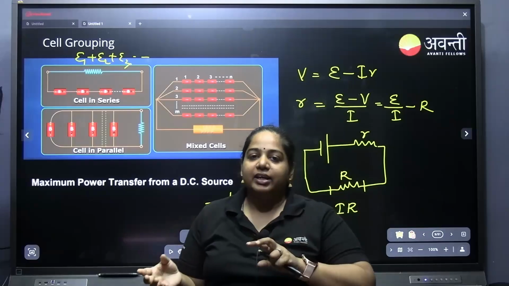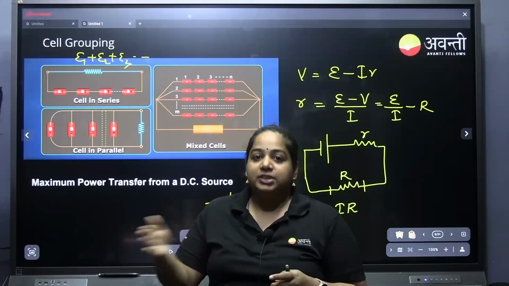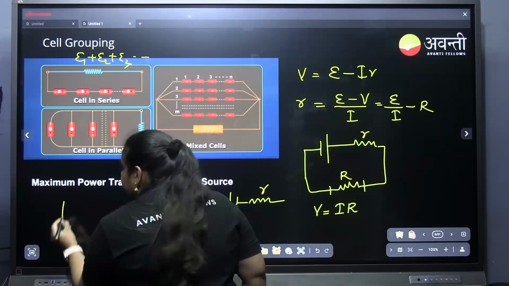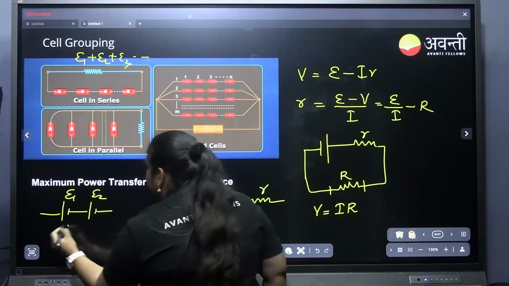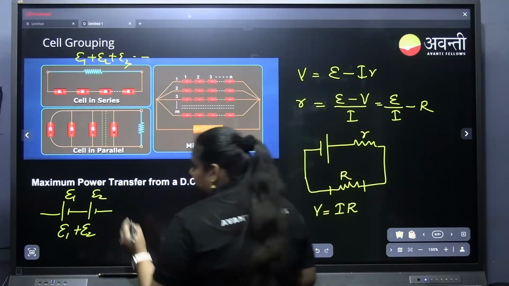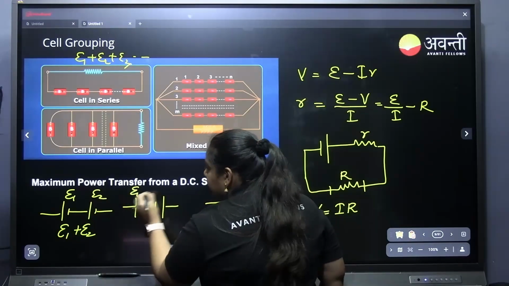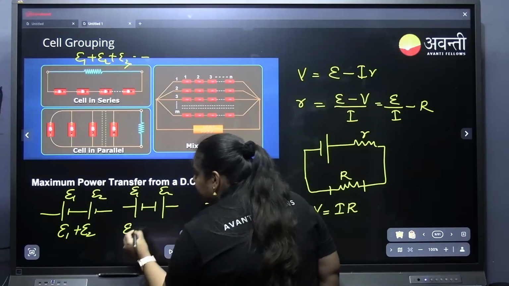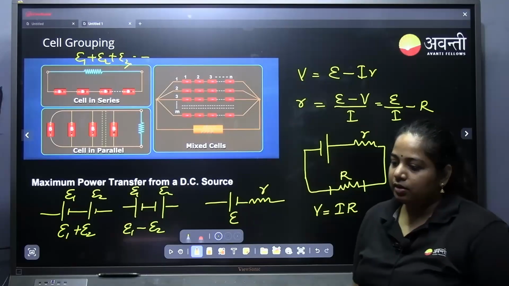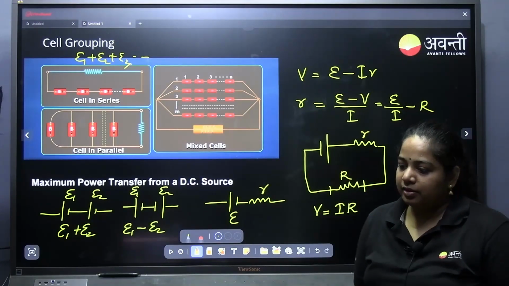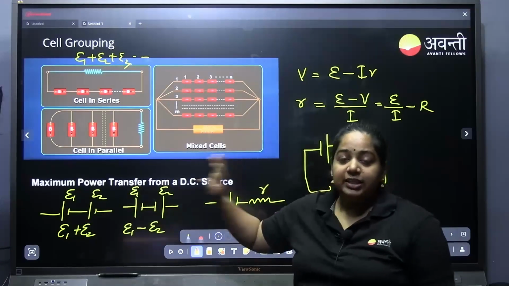But if the negative terminal is connected to the negative terminal, then we have to subtract. For example, if the connection is like this, E1 E2, we add E1 plus E2. But if the connection is like this, E1 E2, we have to take E1 minus E2. Understood?